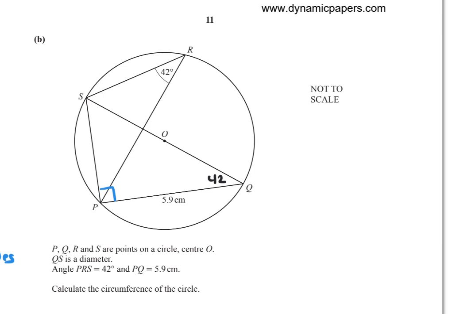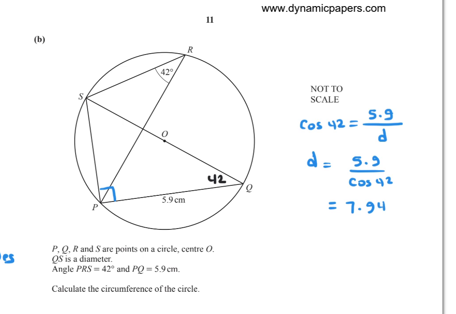So use cosine. So cosine 42 equals the adjacent, which is 5.9, over the hypotenuse, which is the diameter. So now the diameter equals 5.9 divided by cosine 42 equals 7.94 to 3 significant figures.